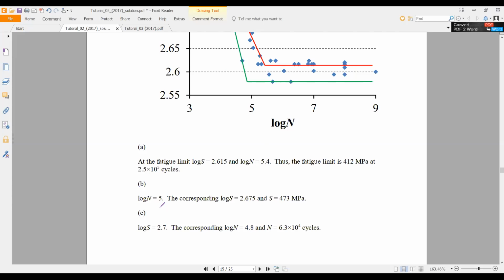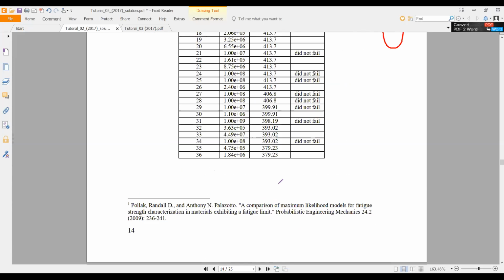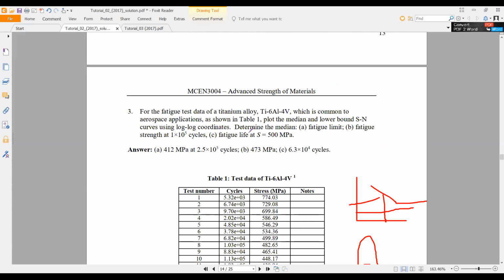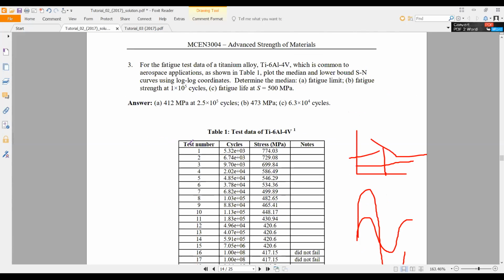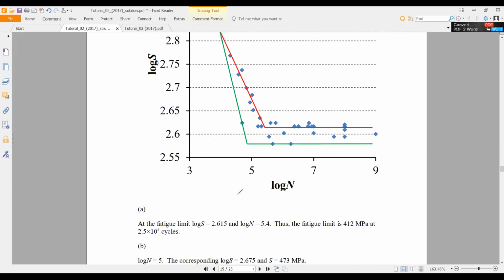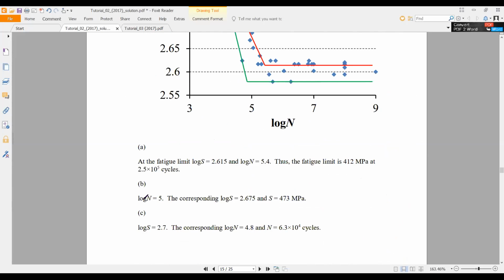Okay, sir. So then they asked another 2 questions. Fatigue strength at 1 times 10 to the 5 cycles. So convert to the log value, and it is around 5. Then from the red color curve, you can get the strength. If you use the green color one, no worries. If you use the green color one, still it is the endurance limit, isn't it?